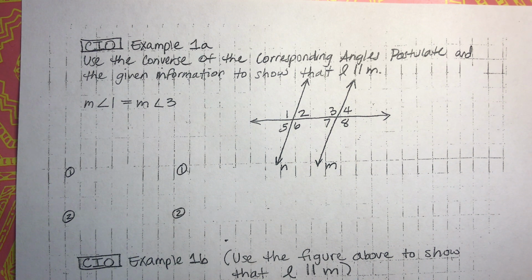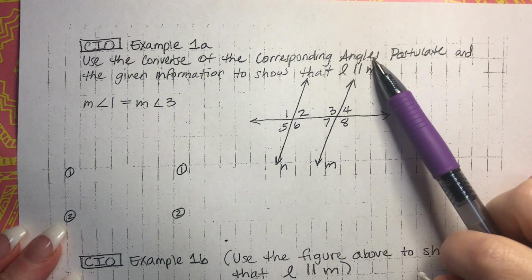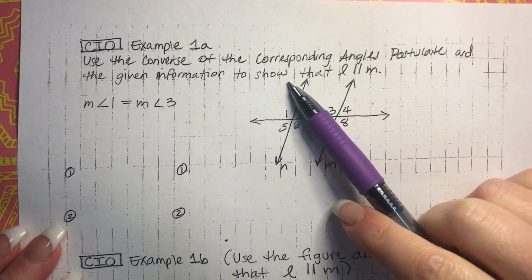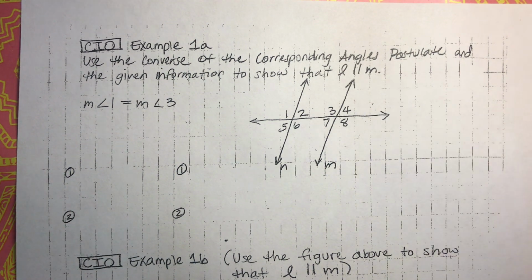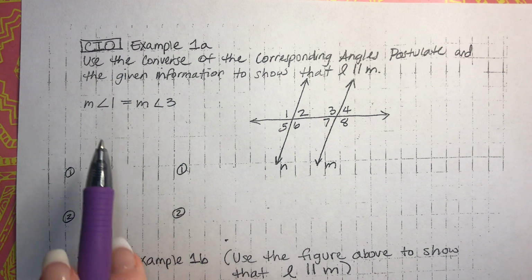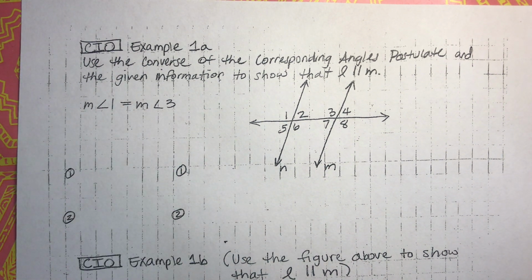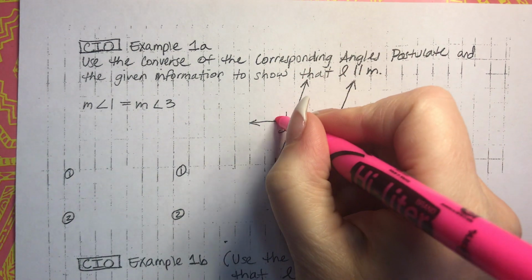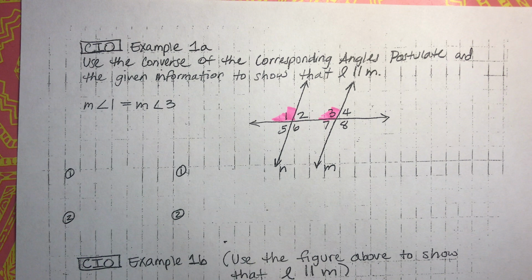All right, we're back. Let's see how you did. So it says, use the converse of the corresponding angles postulate and the given information to show that L is parallel to M. Okay, perfect. So what do we have here? Measure of angle 1 equals measure of angle 3. I just want to see if these are corresponding angles. So here we have 1, and yes, we have 3, and yes, we have corresponding angles.